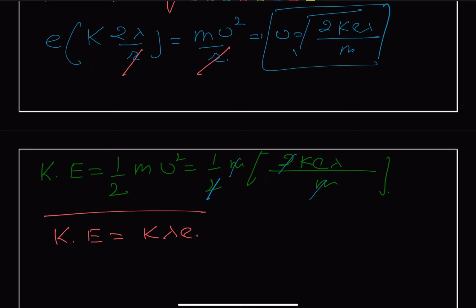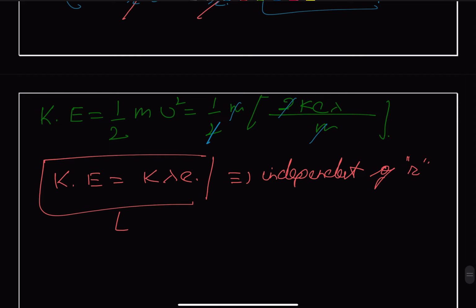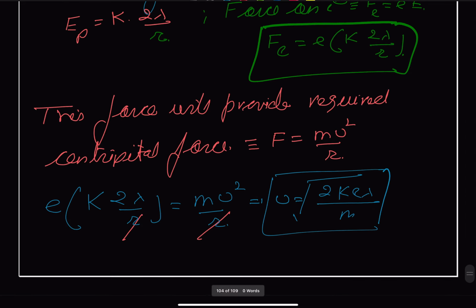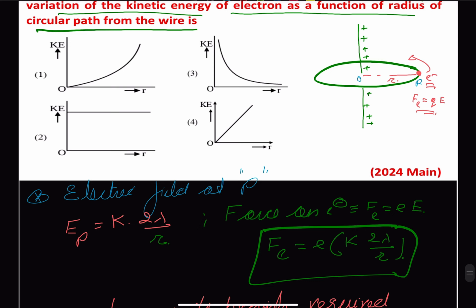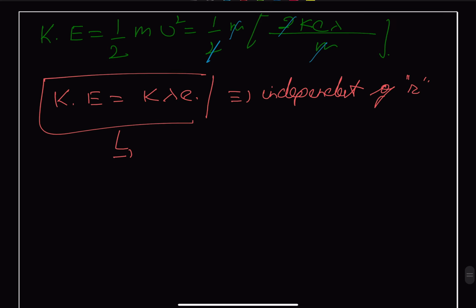And this is independent of r, that is the radius, which basically means it is going to be a constant. Option 2 is correct.